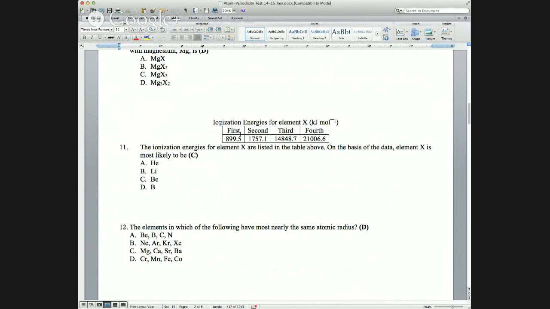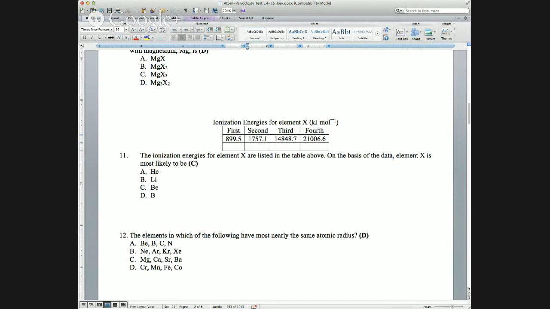Wherever your big jump is, that's a noble gas. The biggest jump happens from 1,700 to 14,000. That's an enormous jump, which means this is your noble gas, and that was the third electron removed.